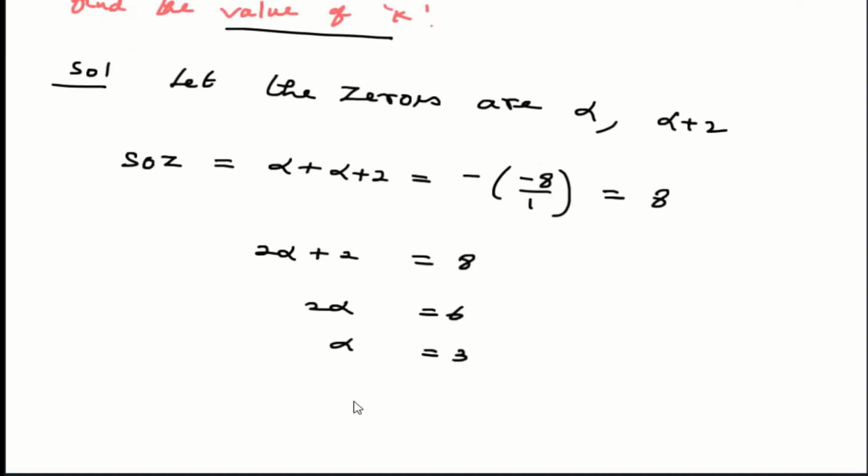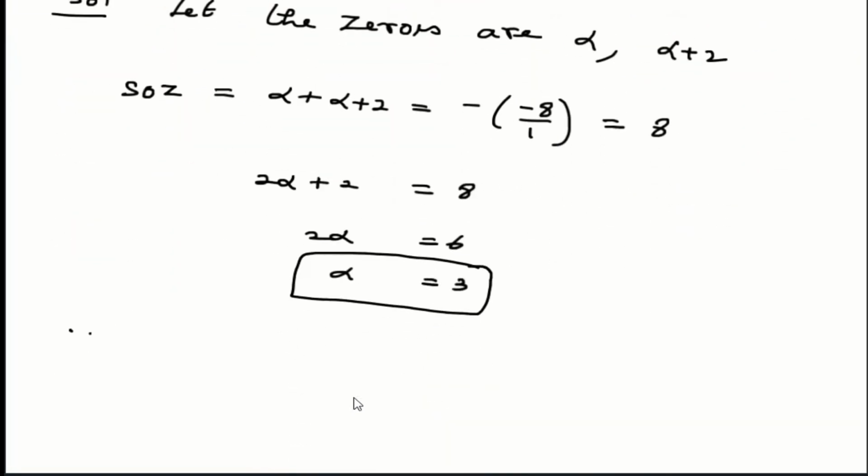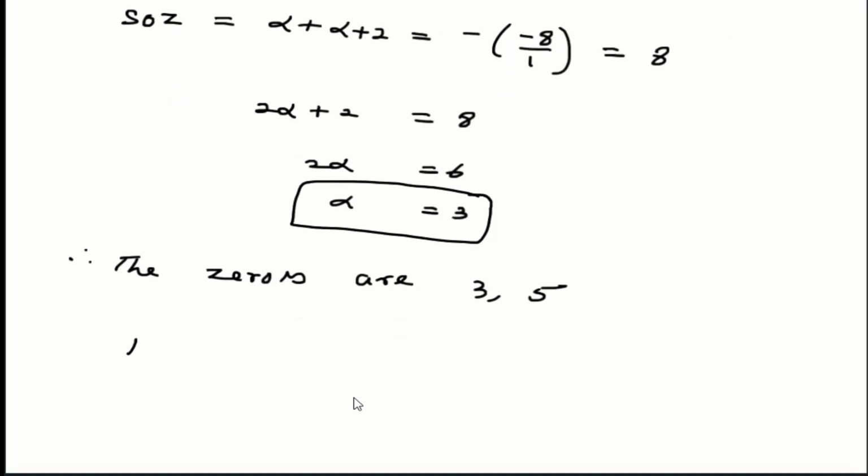So I have found what is alpha. Since he has asked me to find the zeros, therefore the zeros are alpha, alpha plus 2. So 3, 5. Now let us proceed with product of zeros.